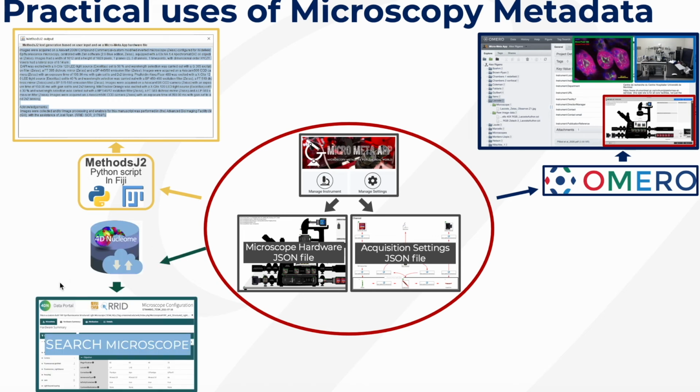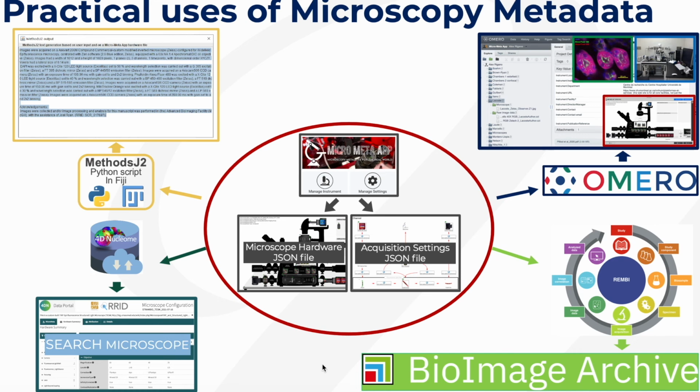You can build repositories for microscope hardware JSON files, such as the one that has been developed by 4D Nucleome on the 4DN data portal, so that you can search microscopes and compare microscopes that were used for different experiments and evaluate how such microscopes might impact the results. And finally, you can use them to fulfill the requirements of REMBI to deposit your images on BioImage Archive.